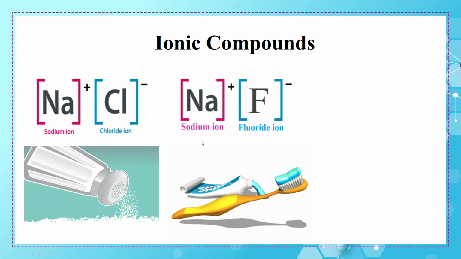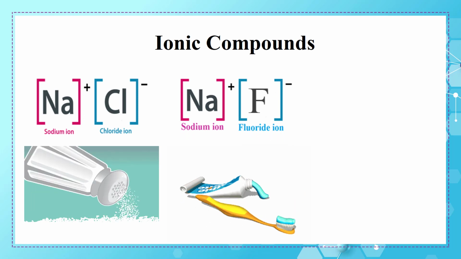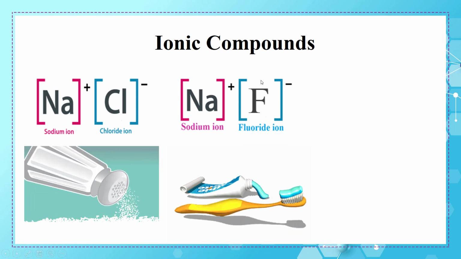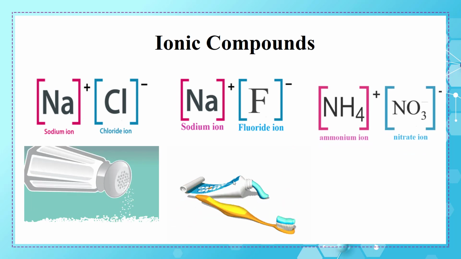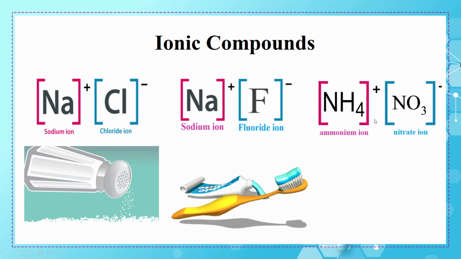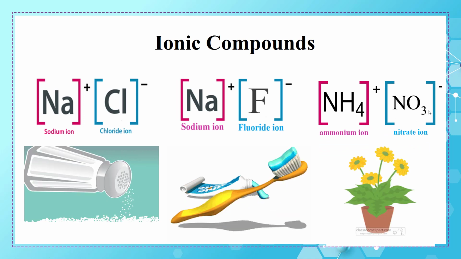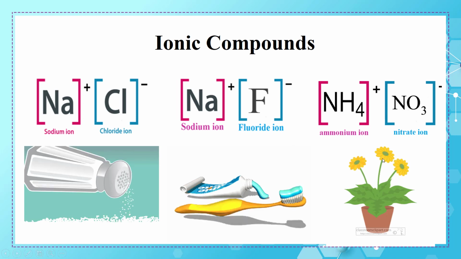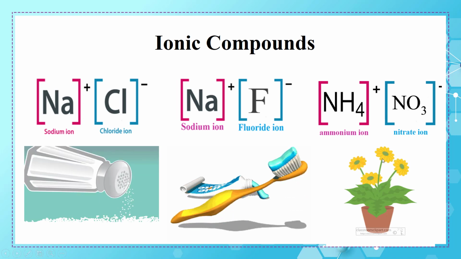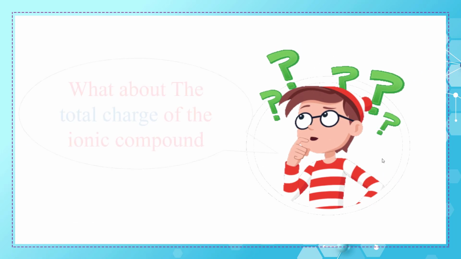To clean our teeth, we use the sodium ion with the fluoride ion, NaF. Here I have NH4+ NO3-. The nitrate is a fertilizer used for the growth of the plants. It is so essential.